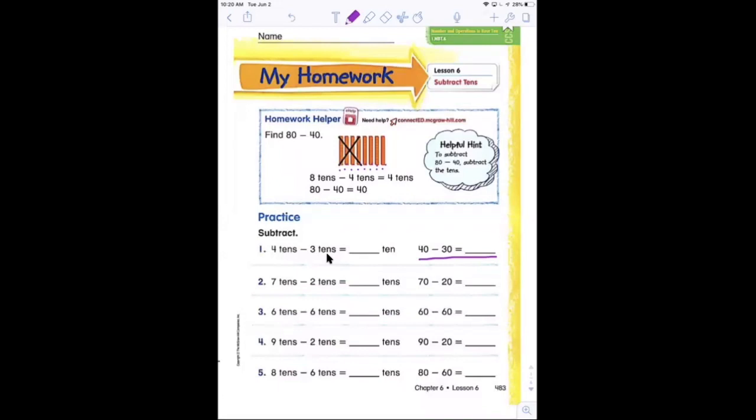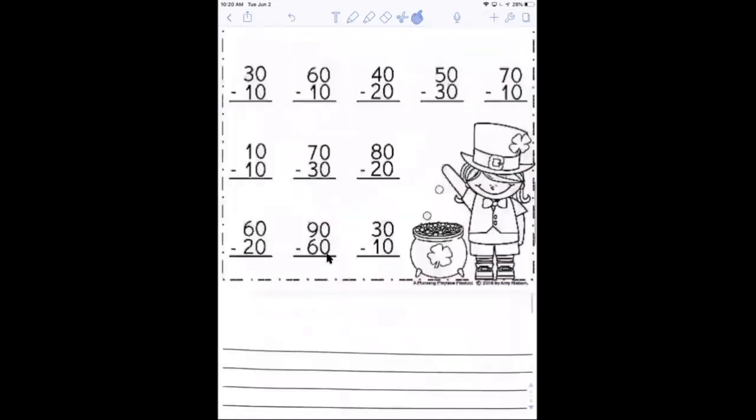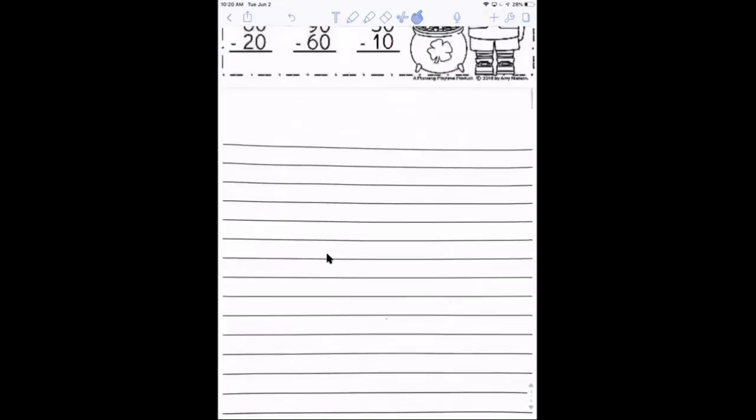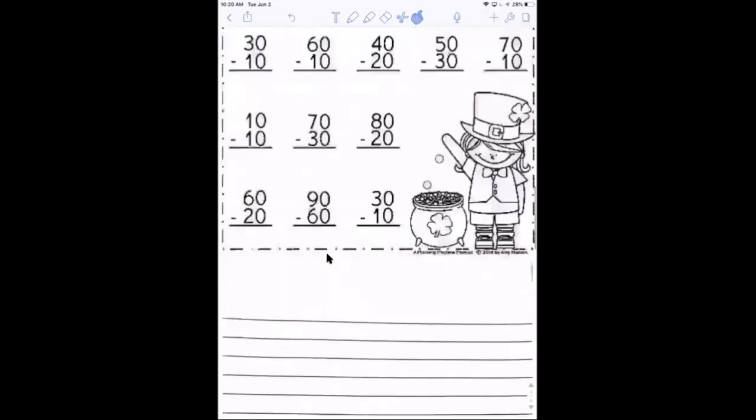Okay, so we're going to be writing number 1 on our page. Okay, on a clean page on our journal. And that's page 483.